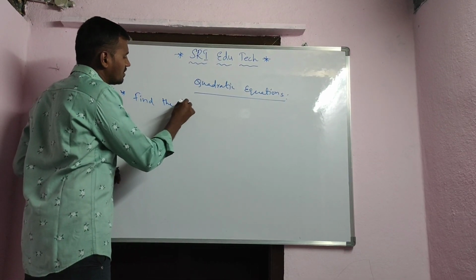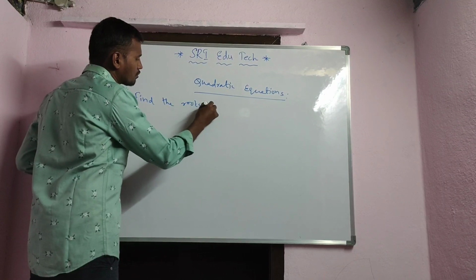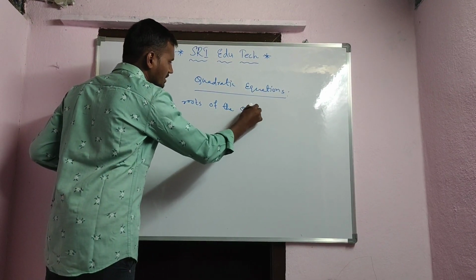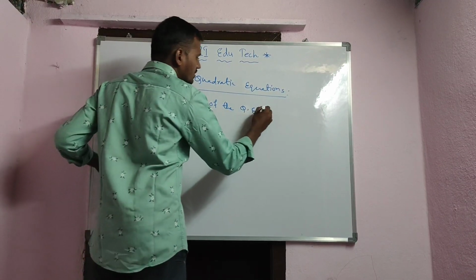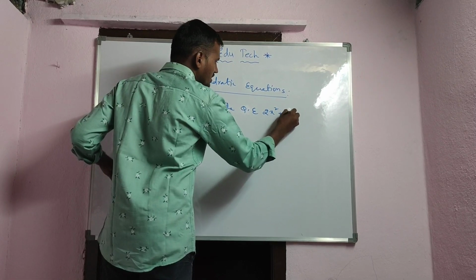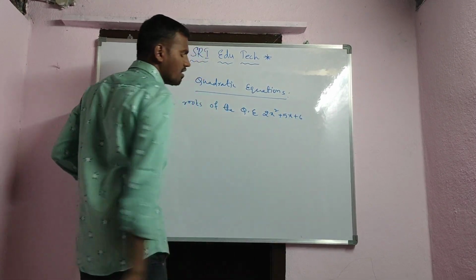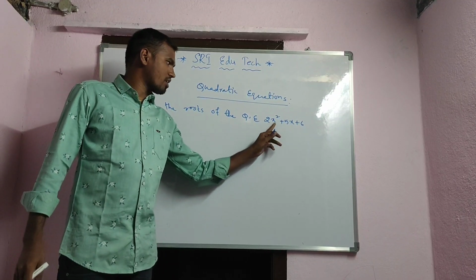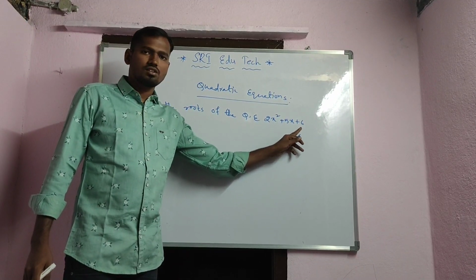Next, find the roots of the quadratic equation 2x² + 5x + 6.